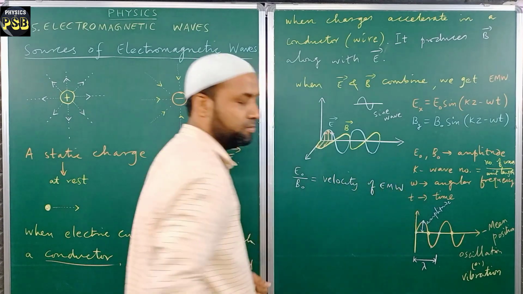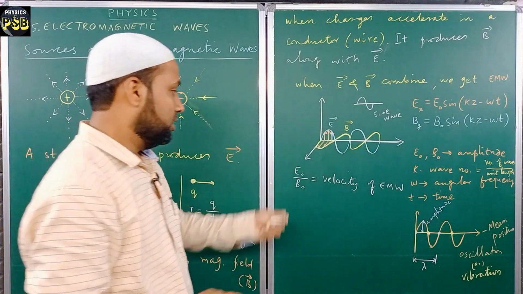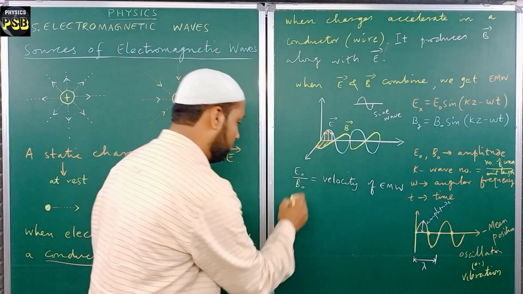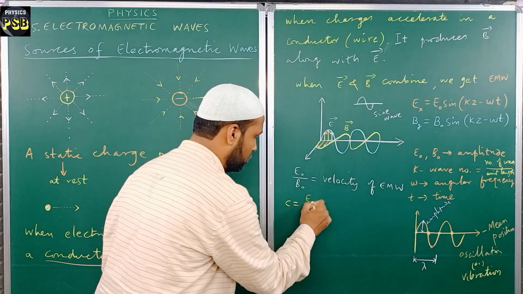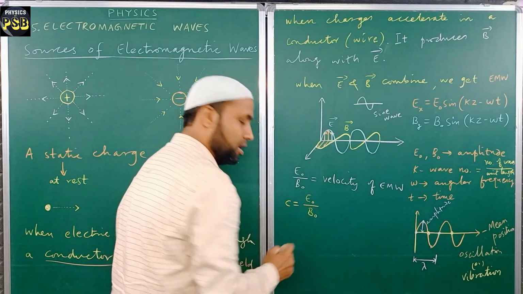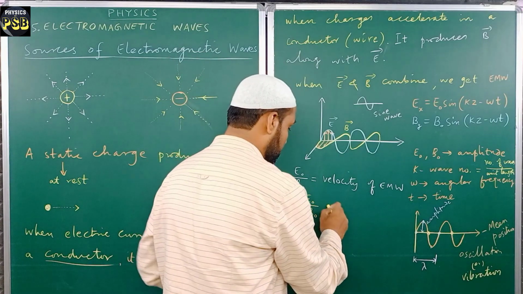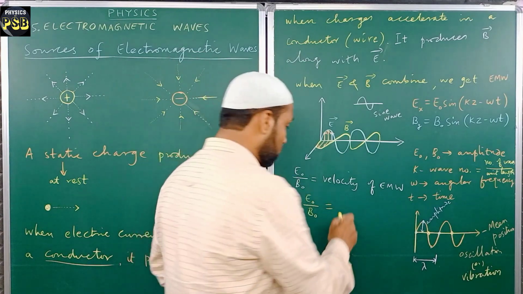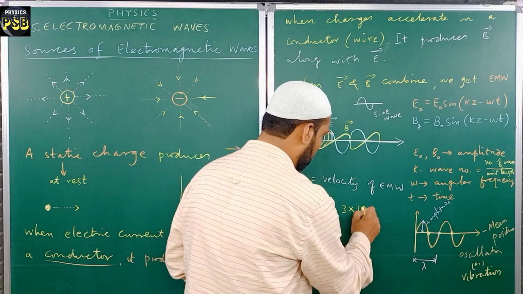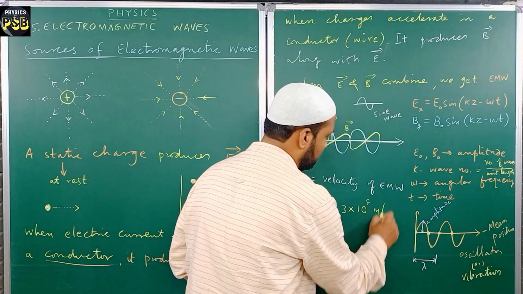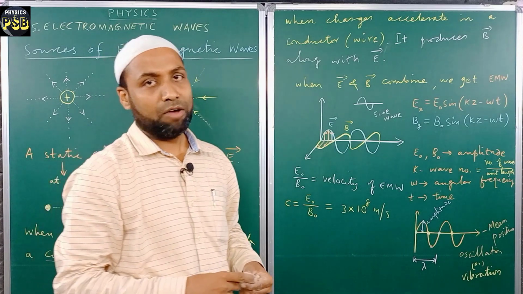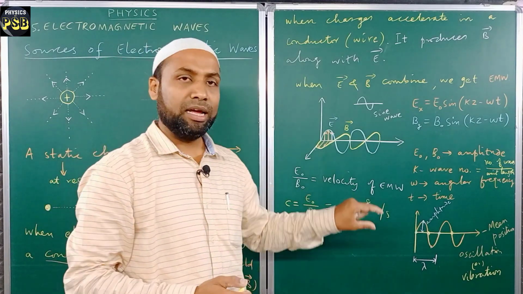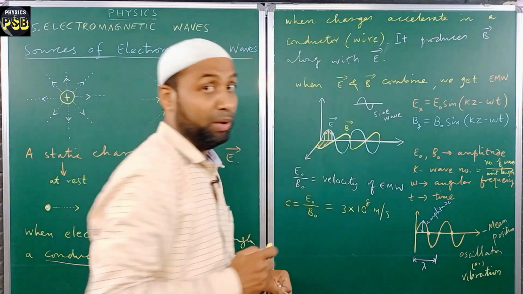The velocity of electromagnetic wave can be taken as c, which is equal to E naught upon B naught, and it is found to be equal to 3 into 10 power 8 meters per second, which is the velocity of light. So, electromagnetic wave travels with the velocity of light in a vacuum, in free space.